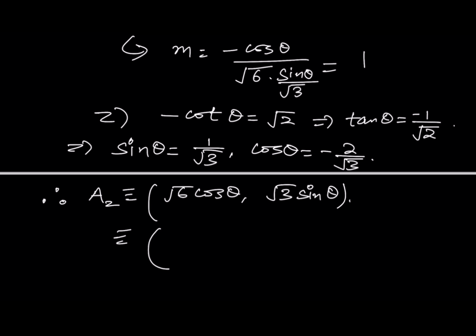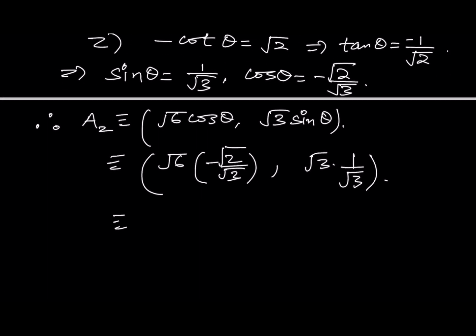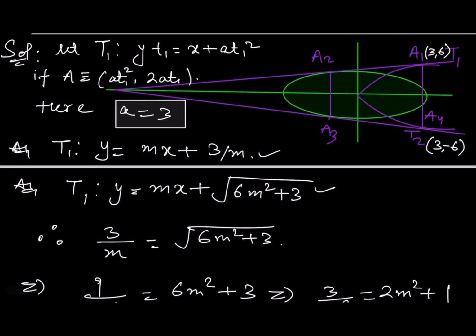So cos theta is minus 2 by root 3, so root 6 into minus 2 by root 3, in fact this is minus root 2 by root 3, okay, comma root 3 into 1 by root 3. So a2 becomes minus 2 comma 1, right? So A2 is minus 2 comma 1 and A3 becomes minus 2 comma minus 1, right?